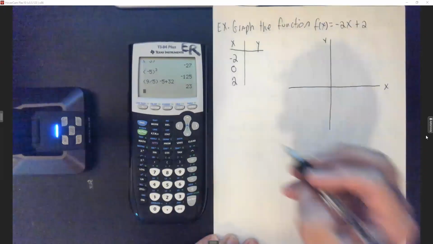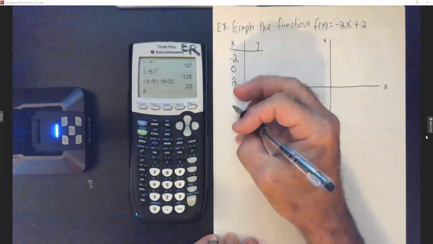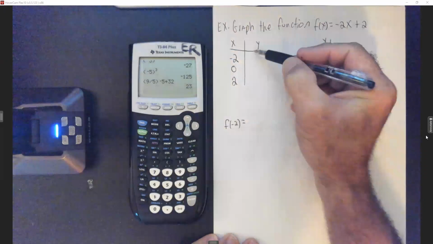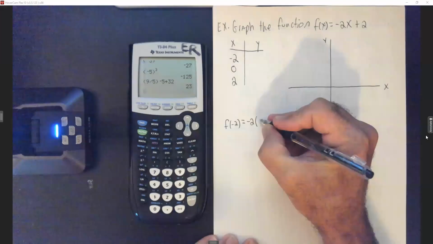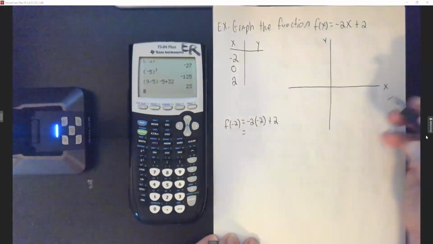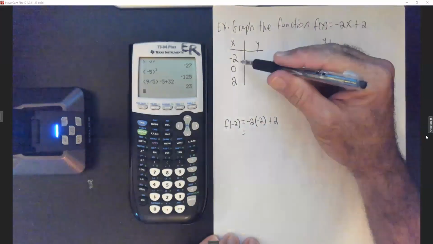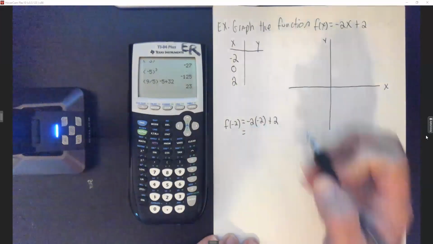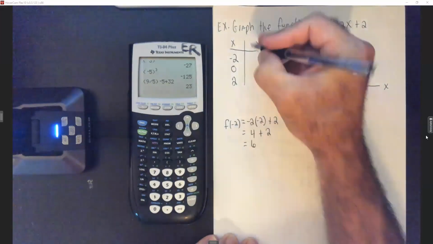So that -2 means I'm going to first find f of -2 to get that y value. So you would take this equation, -2 times the x, which will be a -2 plus 2. So the equation looks the same other than I replace the x with the first number. So here we go, -2 times -2 is going to make that a +4 plus 2, and then 4 plus 2 will give us 6.